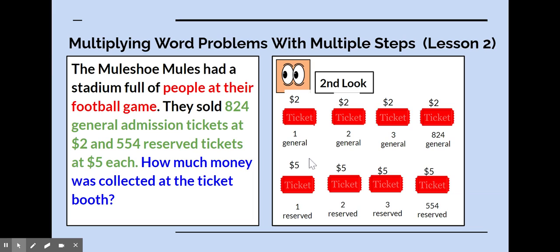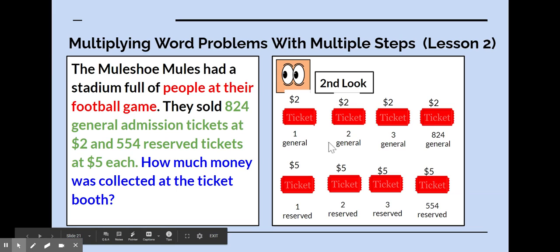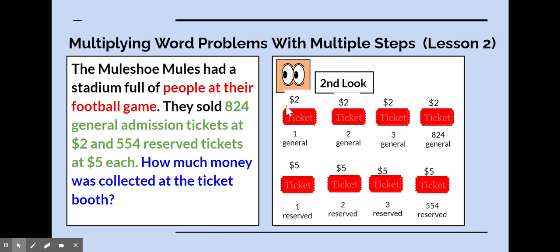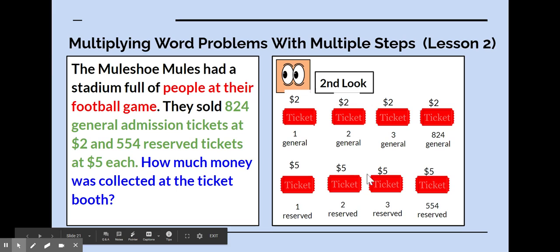And from this model, we can determine that because we are repeating groups of the same number, then we will be multiplying. And we will need to multiply this group, the general ticket, and then we need to also multiply the reserve ticket. That is our second look.